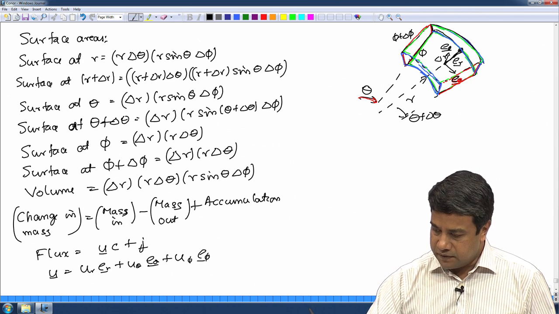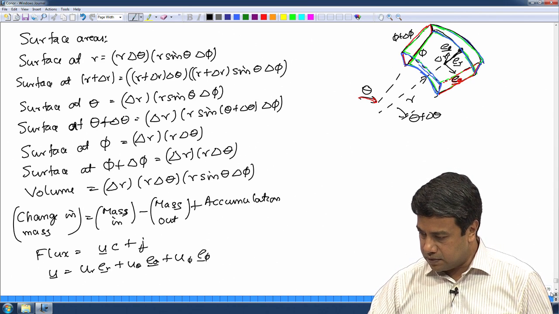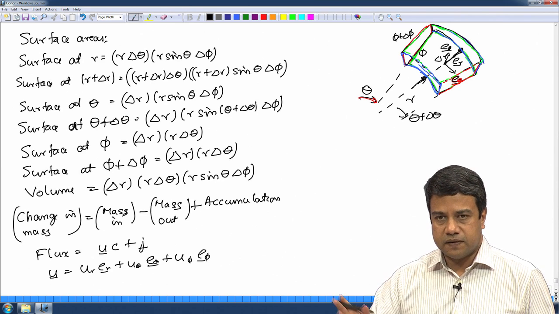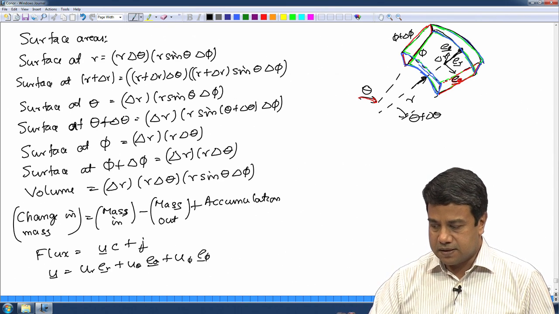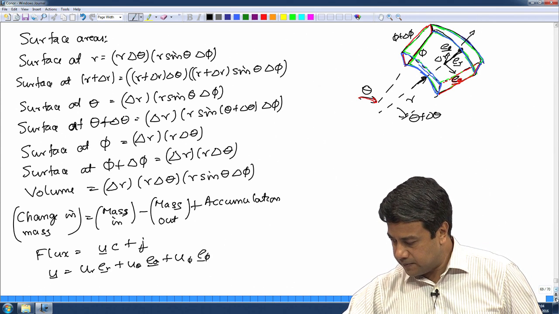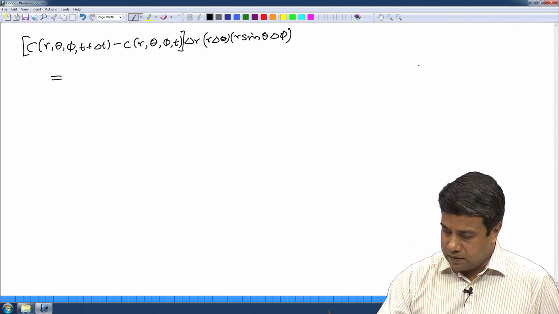I have this coordinate system once again. I will have a mass in at the surface at r, because if the velocity is positive in the r direction, the mass increases within this volume. I will have a mass out at r plus delta r. Let us just draw the differential volume once again.